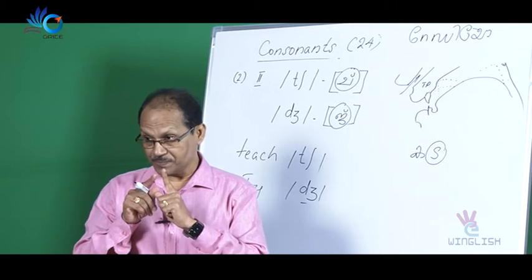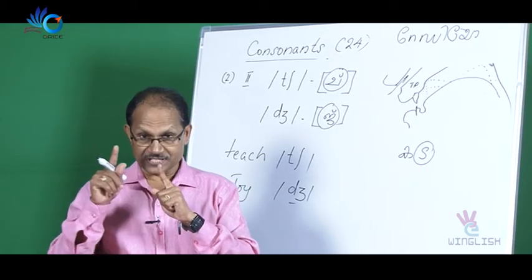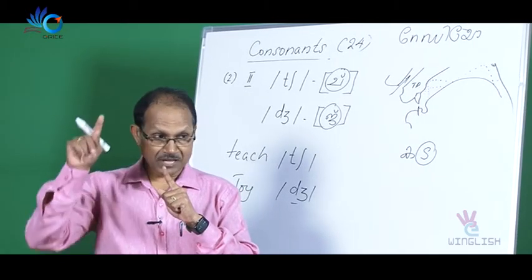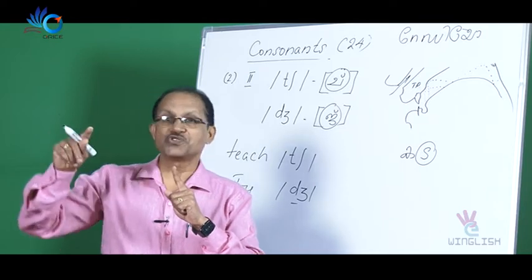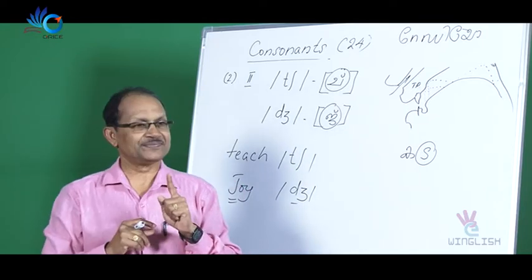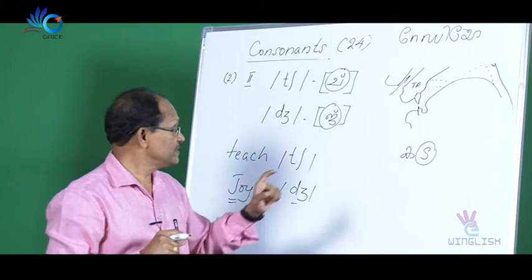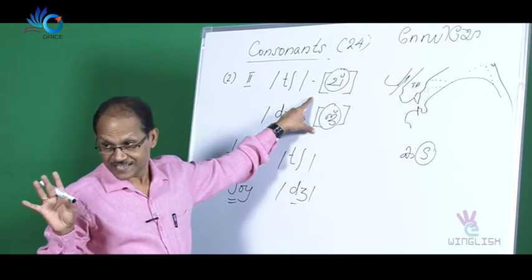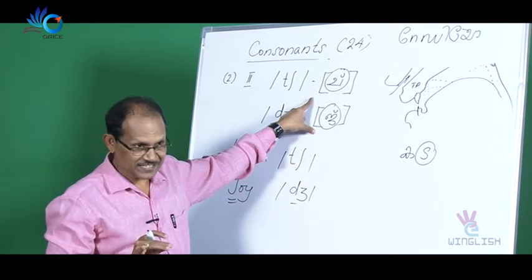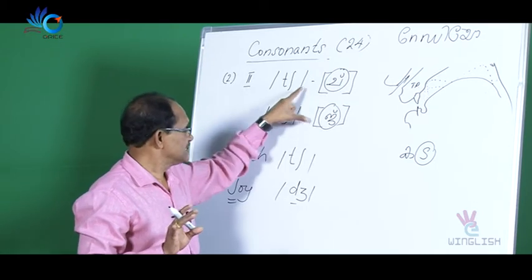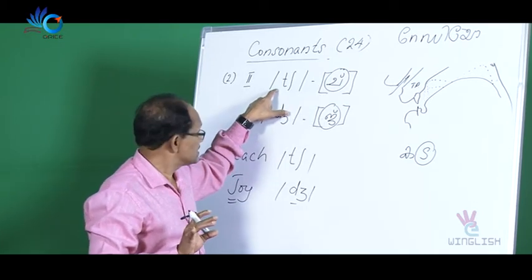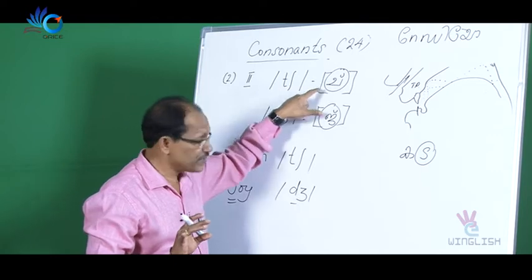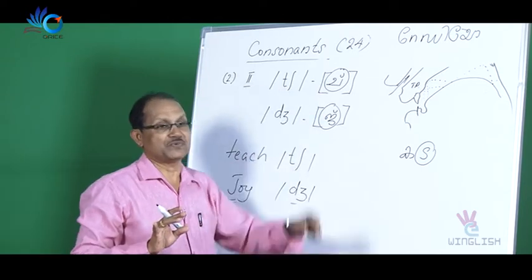So, the tip of the tongue should first touch the alveolum and then it should move to the palate. The difference is subtle, but you should understand that. The English sound is different from the Malayalam sounds.